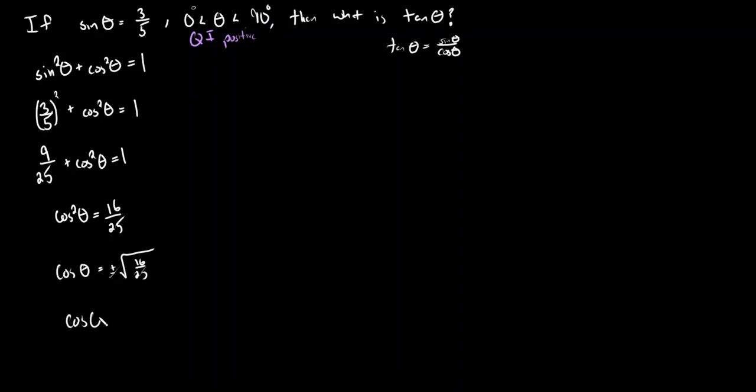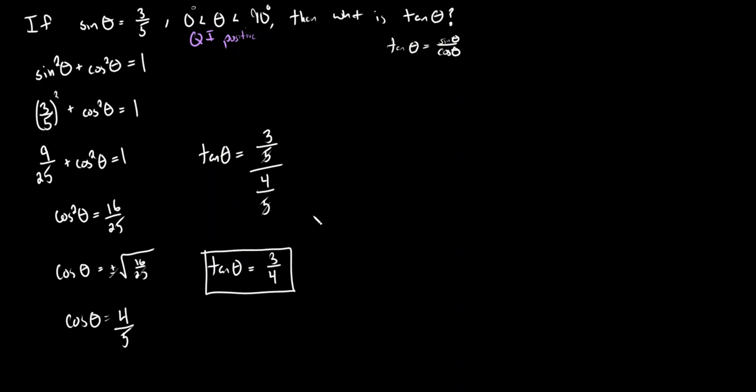So cosine of theta is equal to positive square root of 16 over 25, which is 4 over 5. Okay, so now I can use the fact that tangent is sine over cosine, 3 over 5 divided by 4 over 5. To simplify this, the 5's would end up canceling, which gives me tangent is 3 over 4.